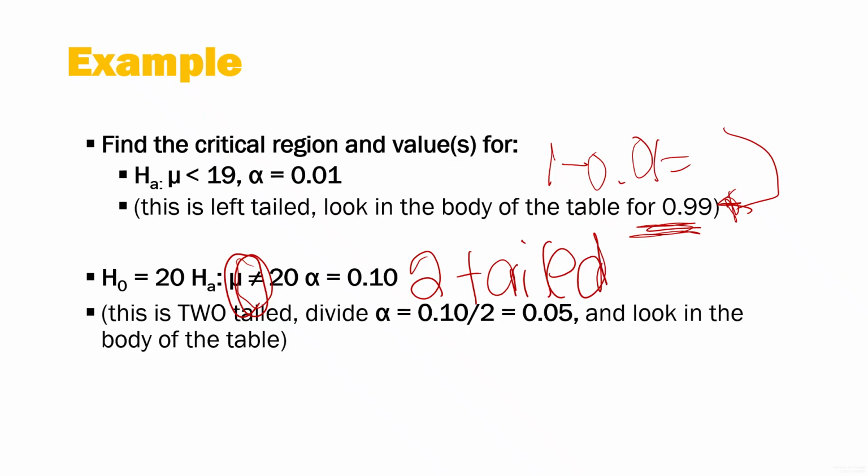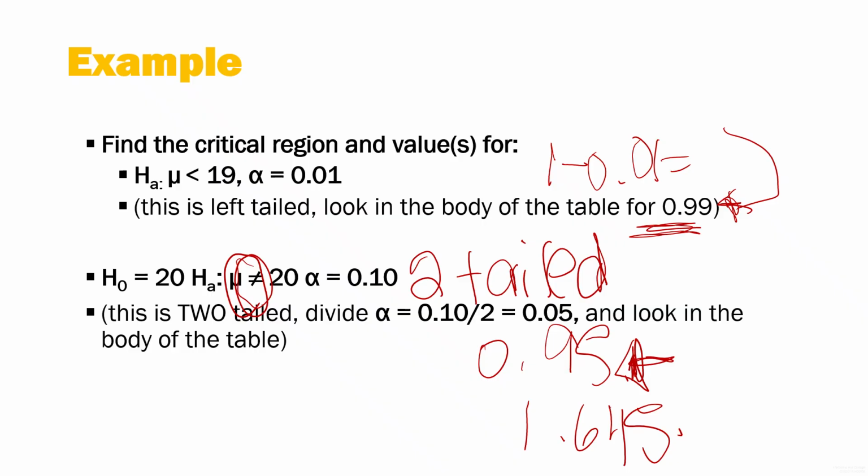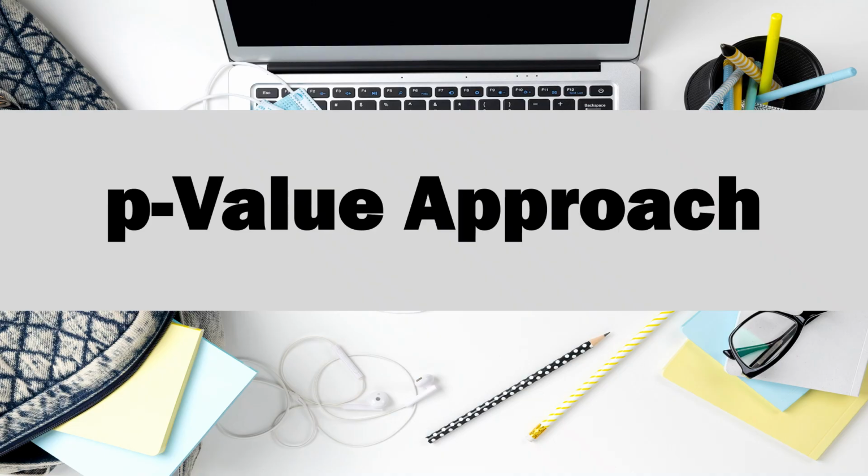So it's two-tailed, so you take your alpha of 0.10, divide it by 2, that equals 0.05, and then you can go 1 minus 0.05, and that ends up being 0.95, and this one falls in between two, so you take the average and it ends up being 1.645. So again, some of these numbers you start to memorize over time.